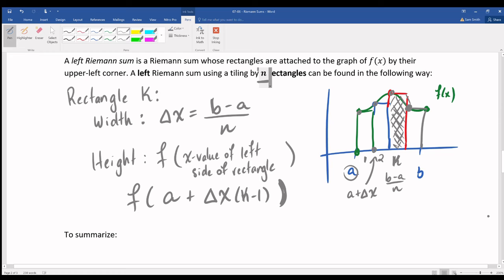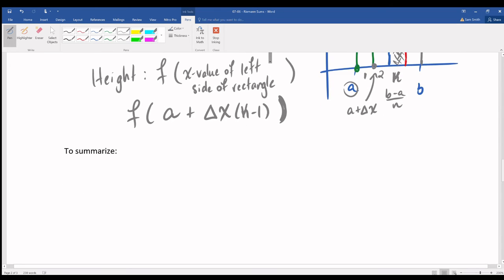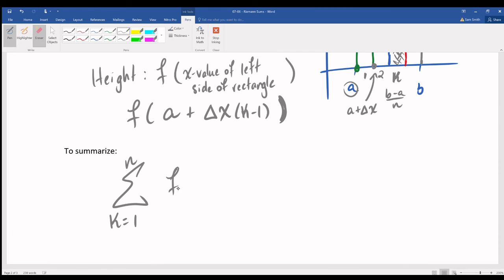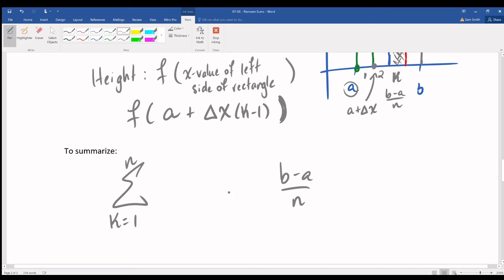So in summary, if you want to find the area of this region using an approximation by left-sided rectangles, you can add up from your first rectangle to your last rectangle, width of the rectangle, delta x, times height of the rectangle, width times height of all of these rectangles.